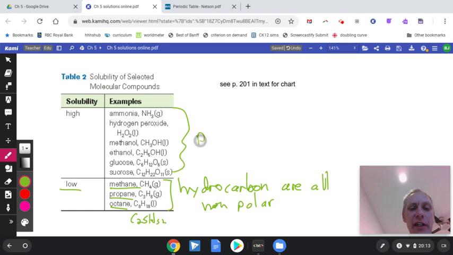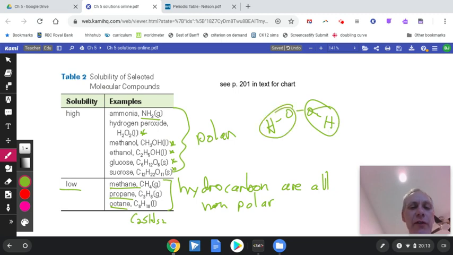These guys are all polar, and with the exception of ammonia, the rest of them all have OH groups in them, and that's why they're very polar. So for example, hydrogen peroxide has 2 OH groups. It is very polar. These are all highly soluble in water, or they all dissolve as aqueous. Polar equals aqueous. They dissolve in water.